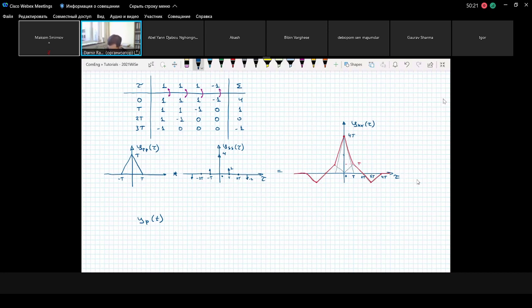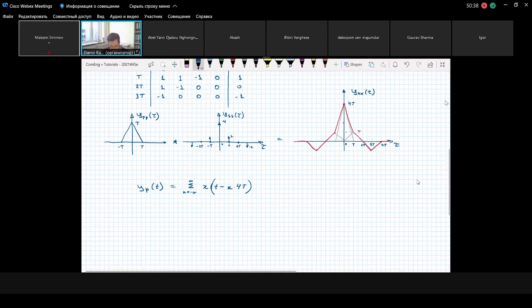This periodic signal equals the summation, k goes from minus infinity to infinity, of x of t minus k times capital T. This is how the periodic version looks like. And draw the corresponding autocorrelation function phi y_p of tau. And we need to remember that our signal is periodic.